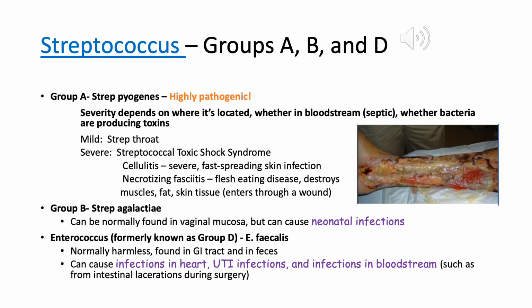It's found in our gastrointestinal tract and in feces, but it can cause infections in the heart, can cause urinary tract infections, and infections in the bloodstream, such as if it gets introduced into the bloodstream, if there's an intestinal laceration, for example, during a surgery.